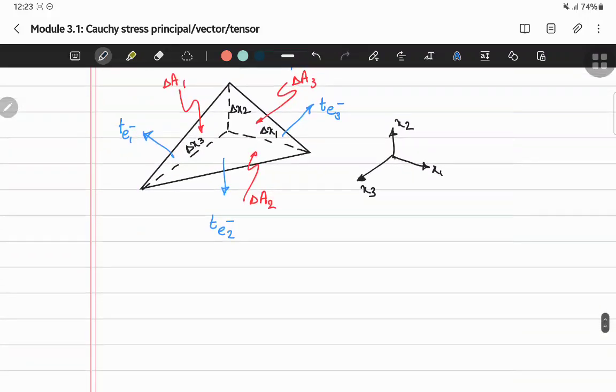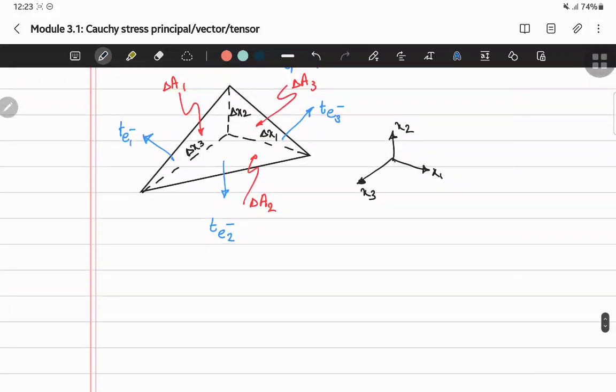So here I'm going to write the principle of linear momentum, or let's call it Newton's second law. So I'm going to write sigma F is equal to MA.